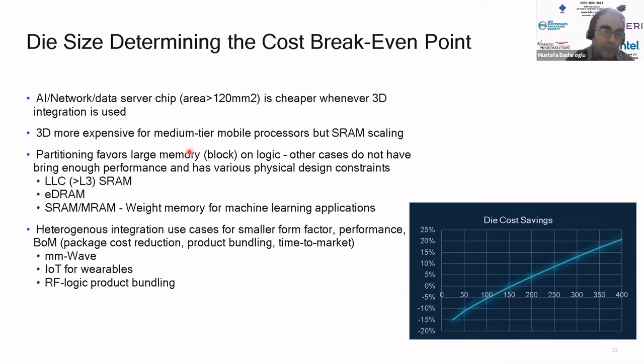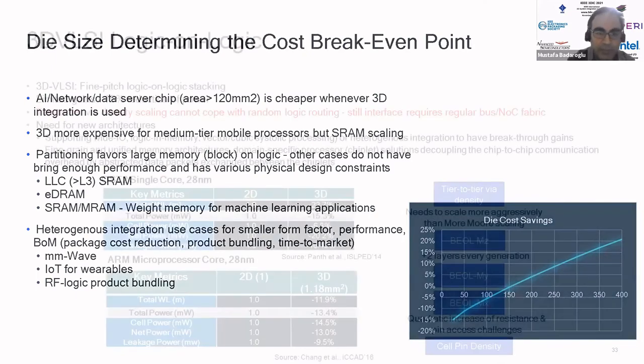And also product bundling and performance improvements that I mentioned. So particularly with die sizes being larger for the 3 nanometer node, it is economically more advantageous to move to a 3D solution if it becomes a high volume solution.